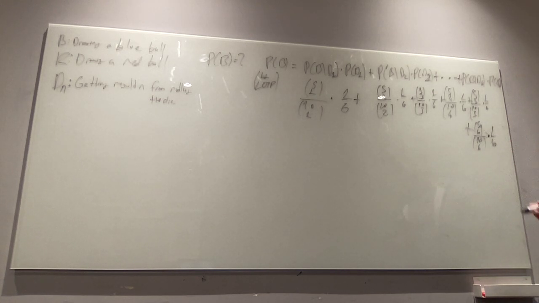That's 0, because I can't choose 6 balls from 5.